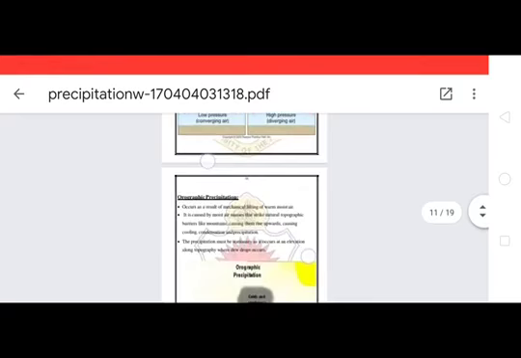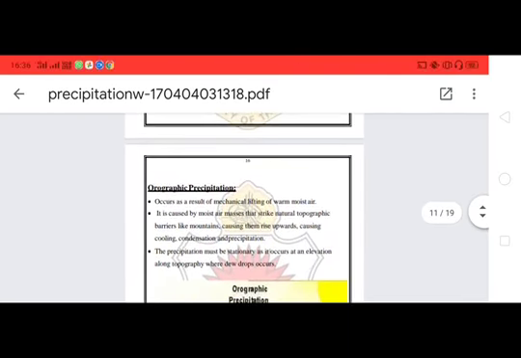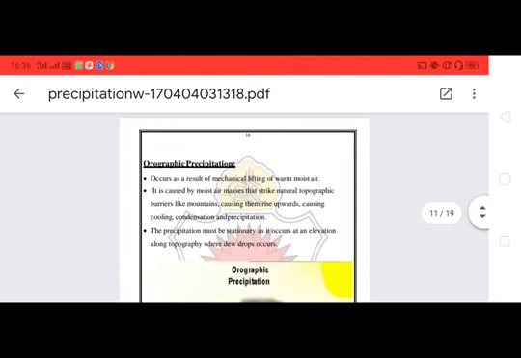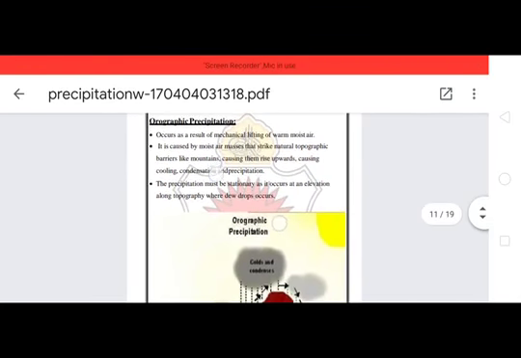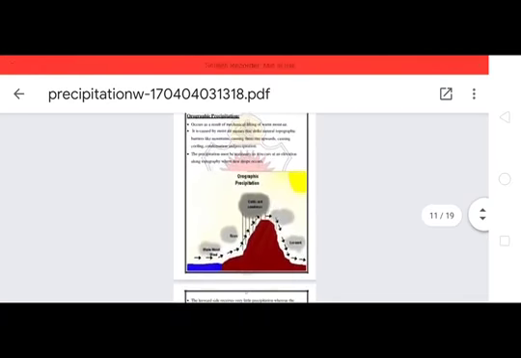Okay, next point is orographic precipitation. Oro is related to a Greek word. As we can see from this figure, from the ocean side, warm moist air is coming to the hilly areas, coming to the hill.